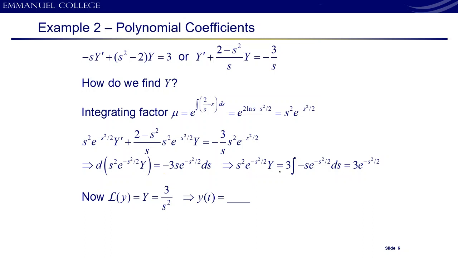Divide both sides by s squared e to the negative s squared over 2, and you wind up with y equals 3 over s squared, or 3 times 1 over s squared, which has a Laplace transform of t. So all that work for 3t.